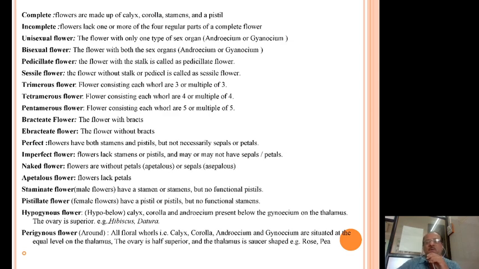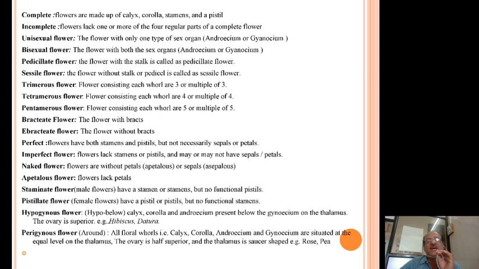Now flowers may be categorized into different types, and we are using different criteria here. Firstly, we may have a complete flower and an incomplete flower. Now what is a complete flower? A flower having all the four types of floral whorls, calyx, corolla, androecium and gynoecium.